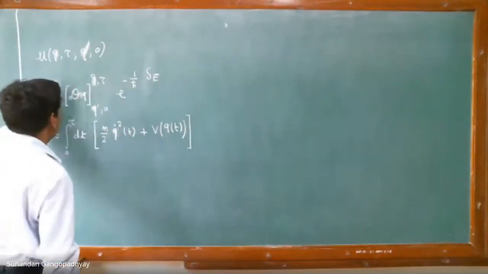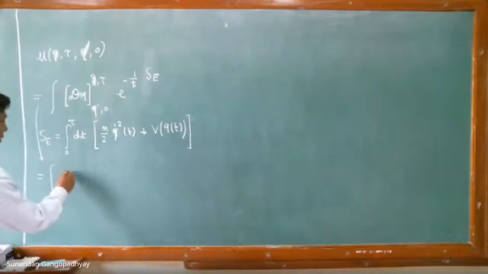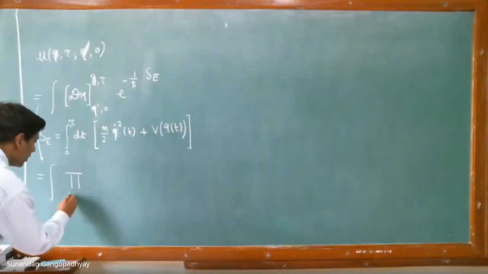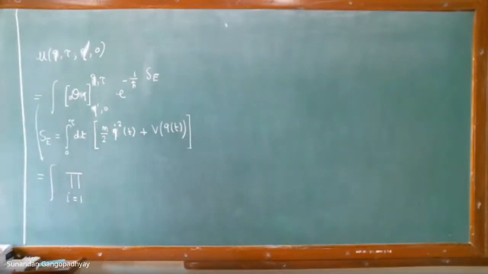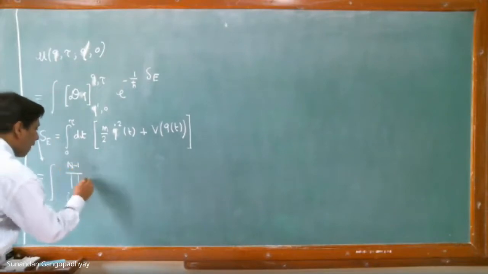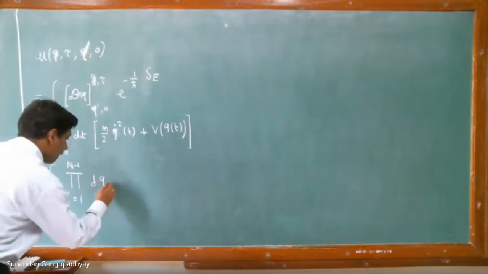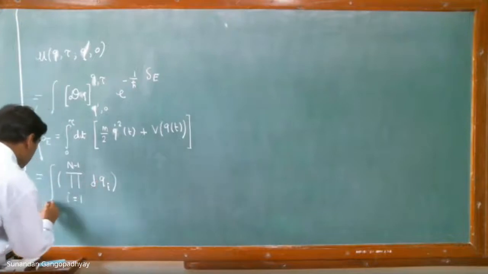this is the formal way of writing the path integral, but you can actually write it in a discrete form, which is this.